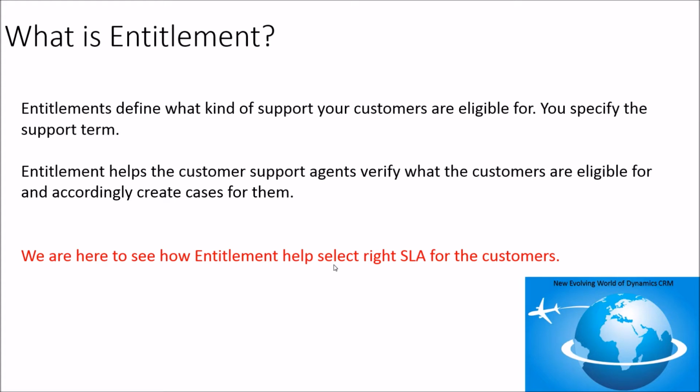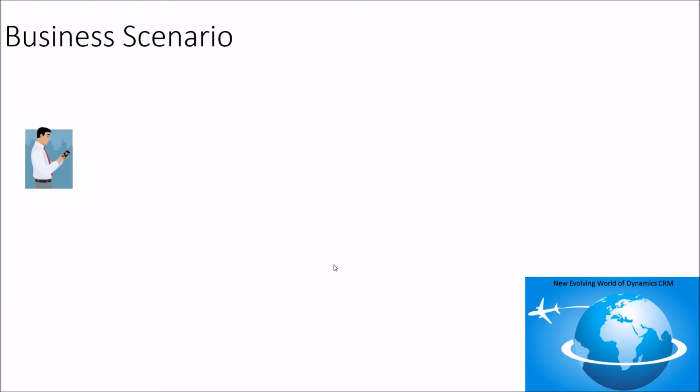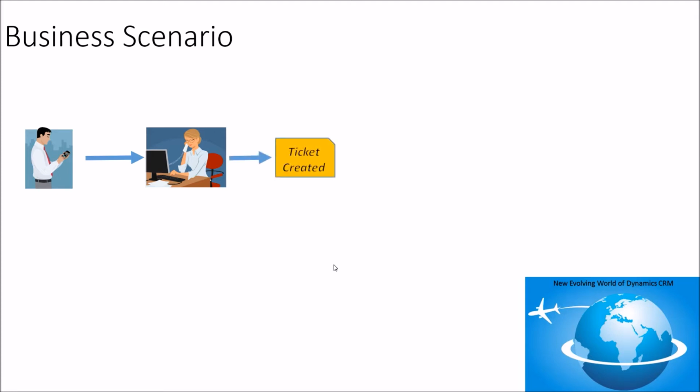So let's see a business scenario before we see more details around it. There is a Mr. Customer who calls, who has bought some products and services from some company. He calls the contact center about a certain problem or services which he wants to avail.